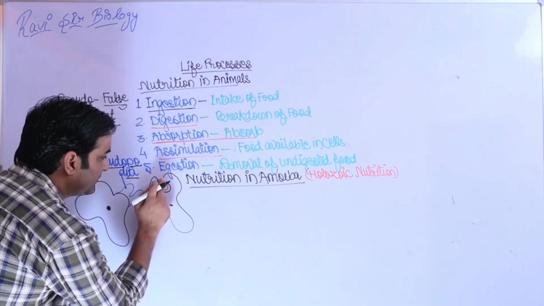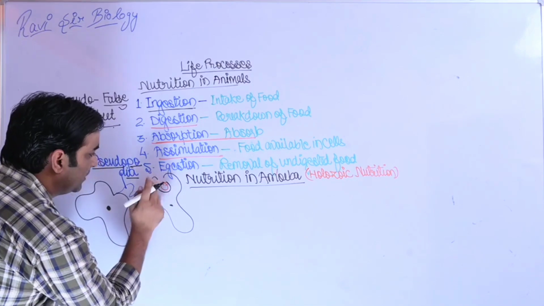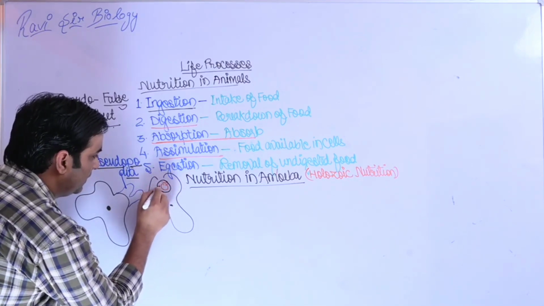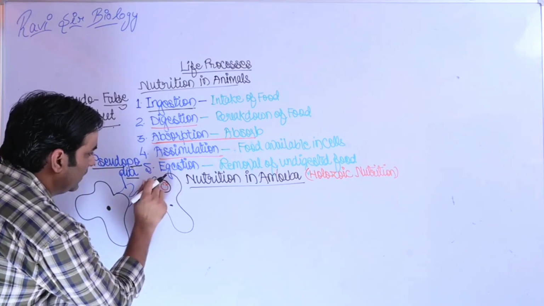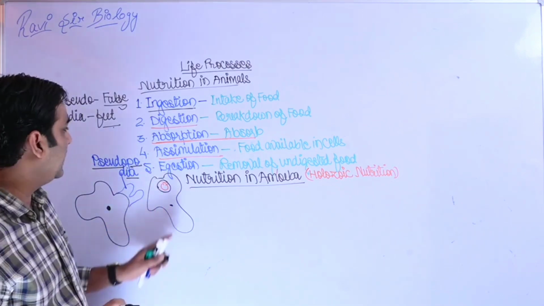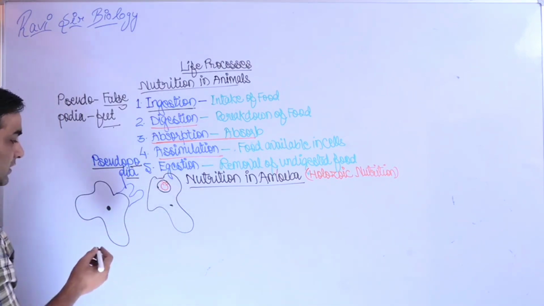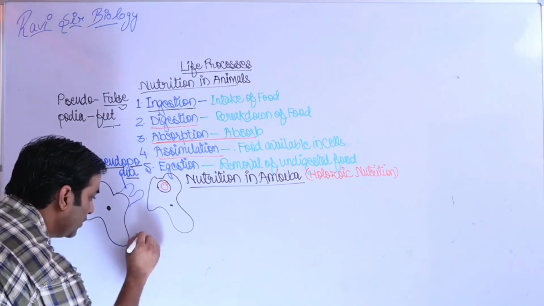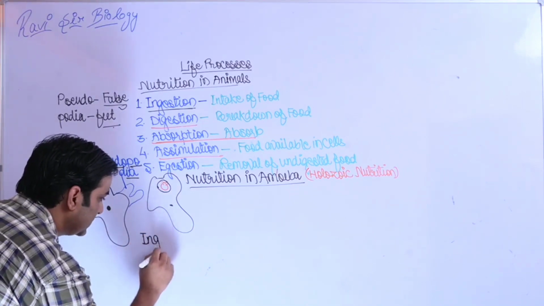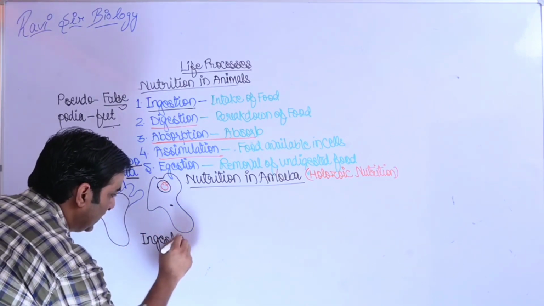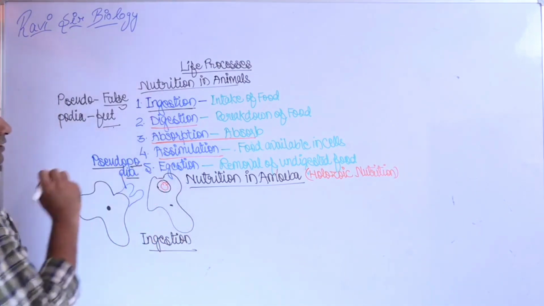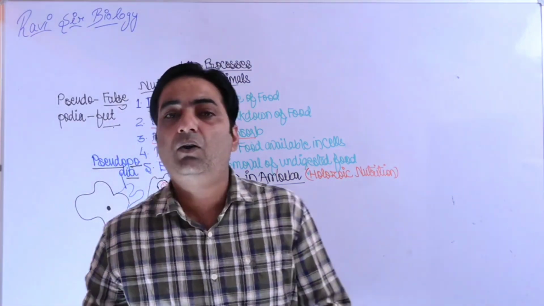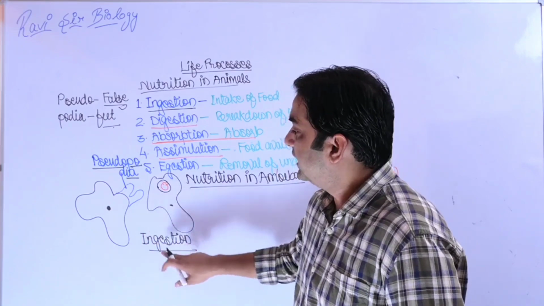The breakdown of the membrane will happen here as well, and it will now be taken in by the amoeba, and this complete process is called ingestion, as the food has been taken inside the cell of amoeba. So this is how an amoeba takes its food.